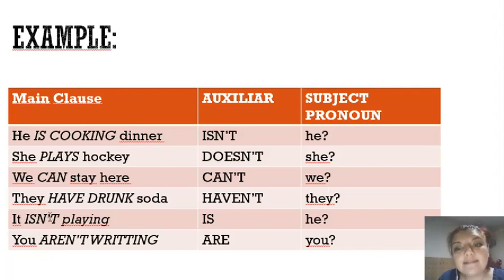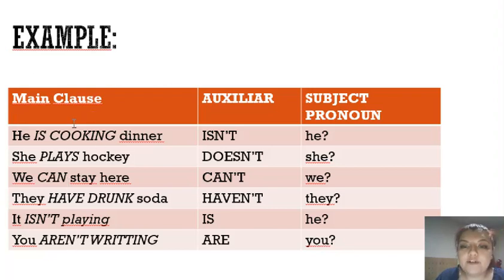It isn't playing, is he? In this part, I am assuming it's a he. Remember, even in the animals, there are genders. Okay? You aren't writing, are you?